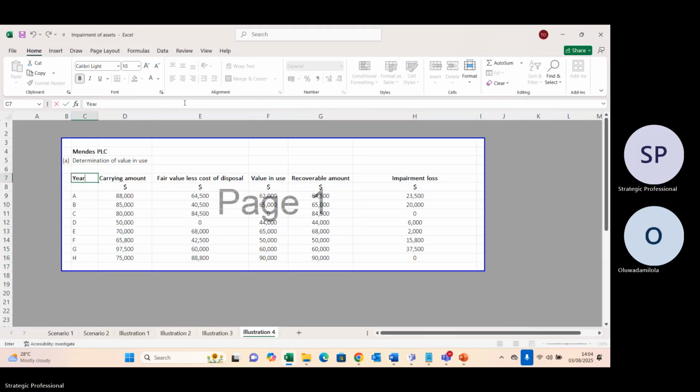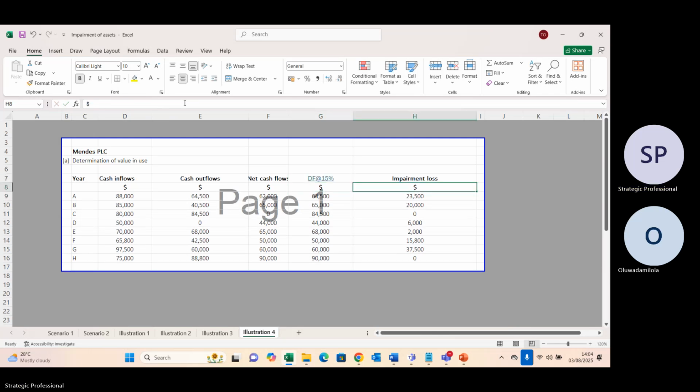Year, cash inflows, cash outflows, net cash flows, at 10%, present value.